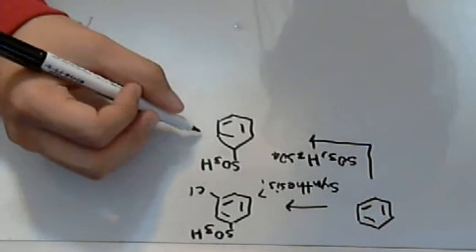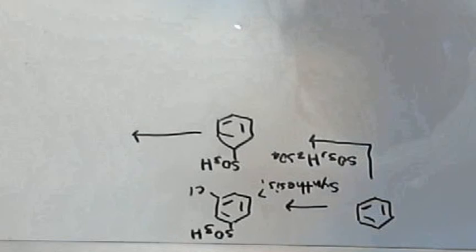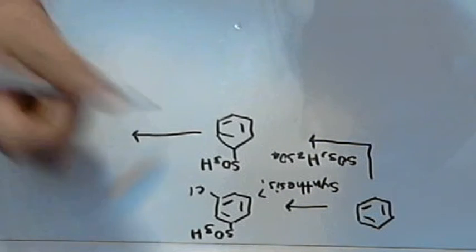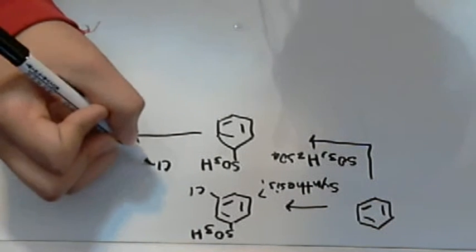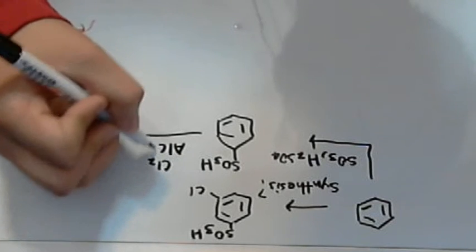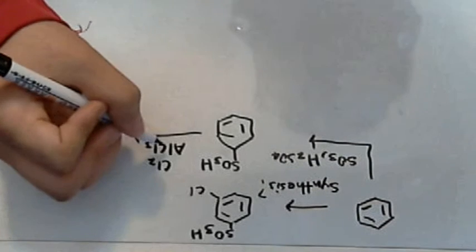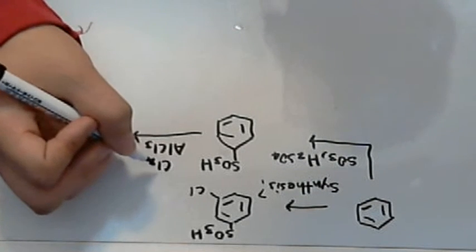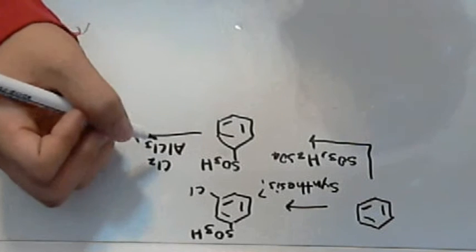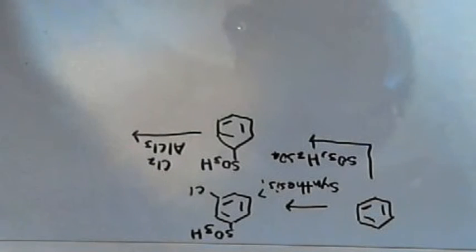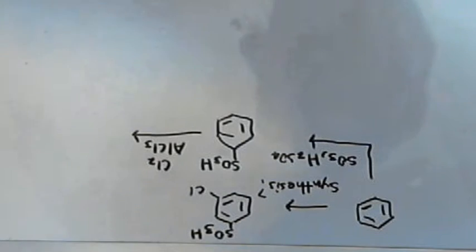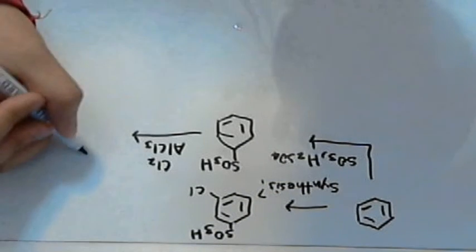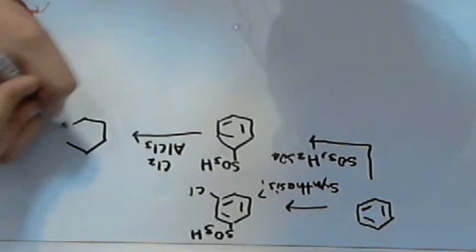Okay? And next, now we're going to add that Cl. And we do that with Cl2 and AlCl3. Now this AlCl3 makes the Cl2 more electrophilic. That's going to make it more susceptible to nucleophilic attack by the benzene ring. And that's going to bring us to our product.